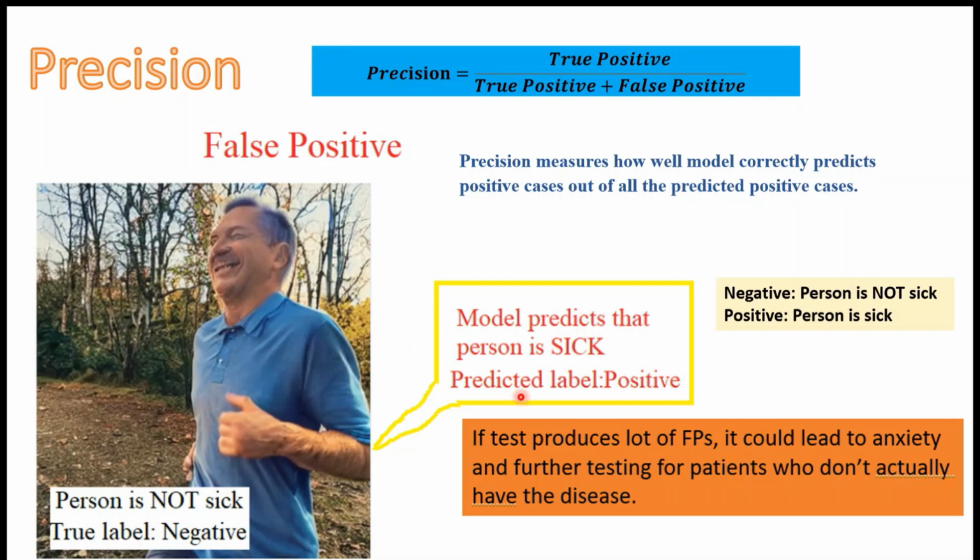The people who do not have any disease will be given medication by the doctor thinking that they have the disease, and this could lead to anxiety in the people. So we need to minimize the number of false positive cases, and precision will help us know about the false positive cases, because precision depends on false positive cases.